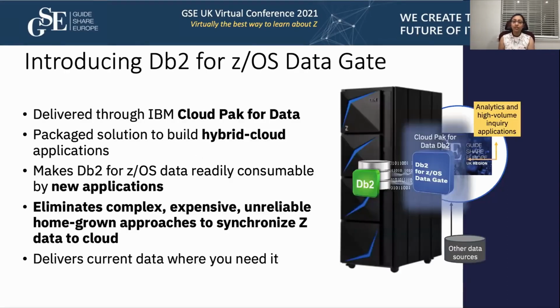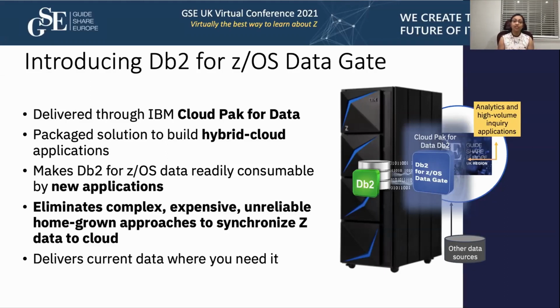So to start with, I do believe many of you may have heard about Cloud Pak for Data, IBM's cloud platform. And Datagate is one of the services that is built on top of IBM's Cloud Pak for Data. And so what that means is it runs on all the platforms that are supported by Cloud Pak itself, which is private cloud, Linux on Z, which is on the mainframe, Intel-based bare metal, VMware-based, and public clouds like AWS or IBM Cloud.